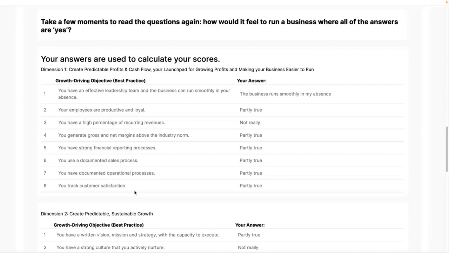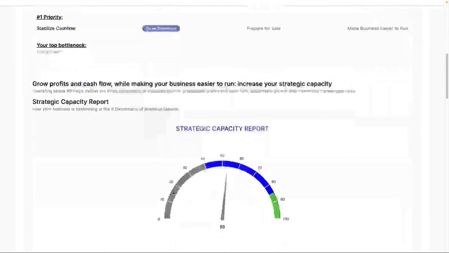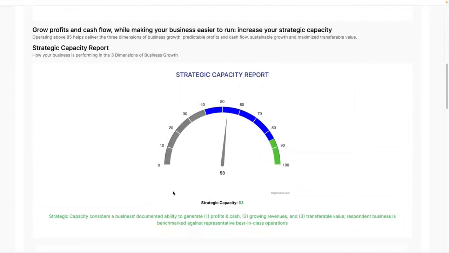We're going to help you make your business easier to run. We're going to help your business generate predictable cash flow, sustainable growth, and if and when the time comes that you'll be able to transfer value, monetize the value of your life's work at the top end of the range of multiples.